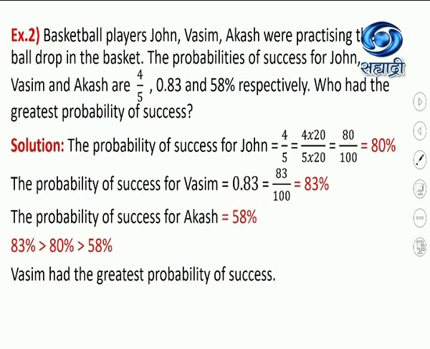So let me compare. 83 is greater than 80%, and it is greater than 58%. So who had the greatest probability of success? Here 83% is the probability of success for Wasim. Therefore Wasim had the greatest probability of success.